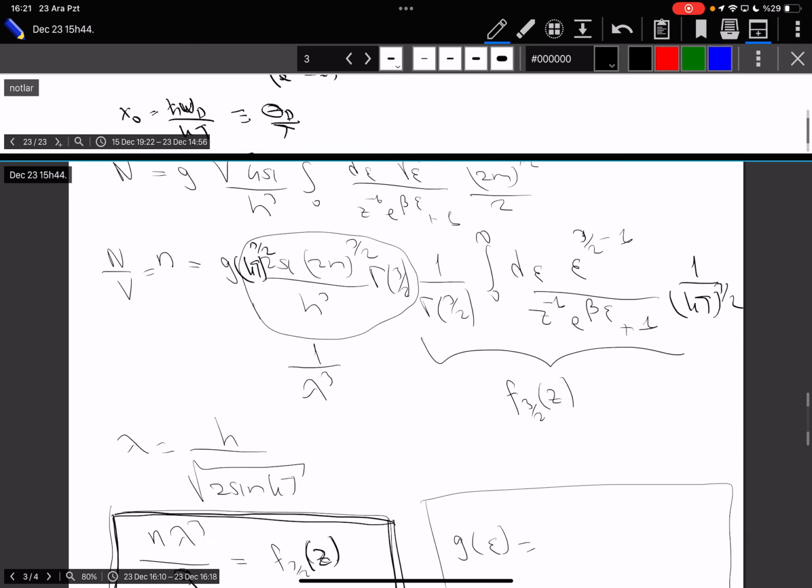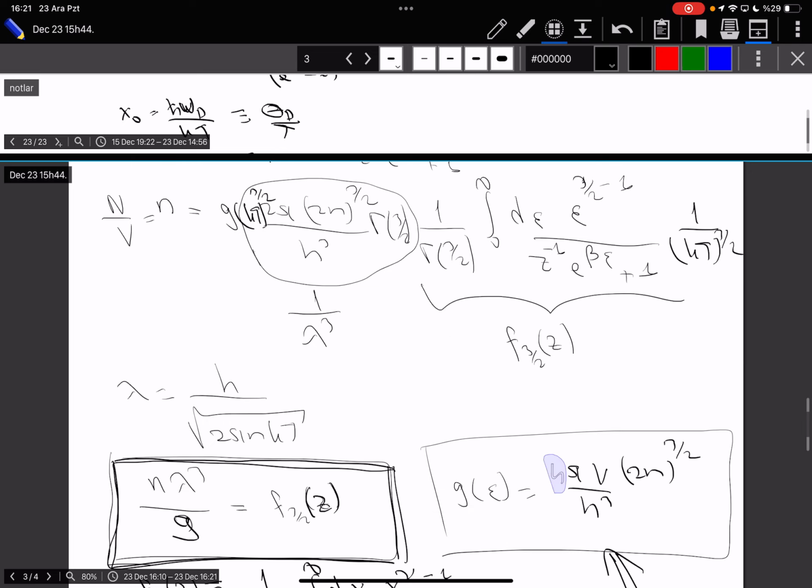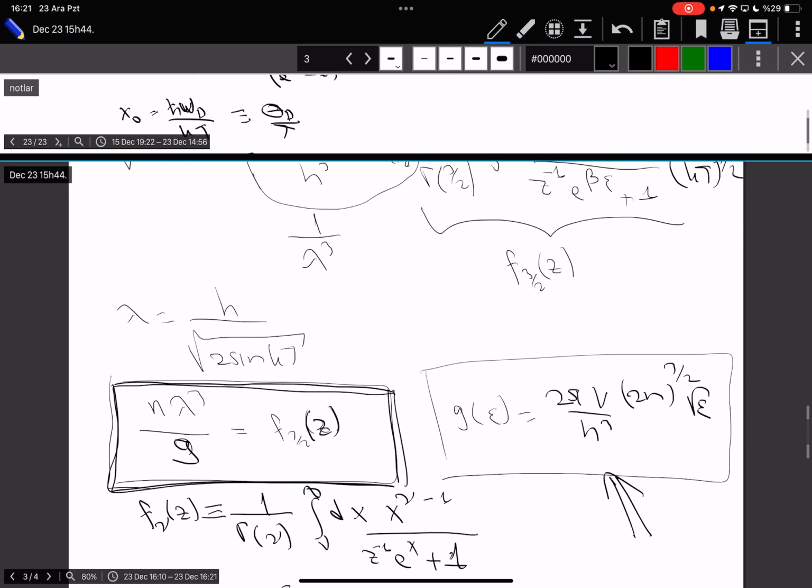So if I write it properly, g is 4 pi V over h cubed times 2m to the power 3 over 2. This is 2 square root of epsilon. This is g of epsilon.